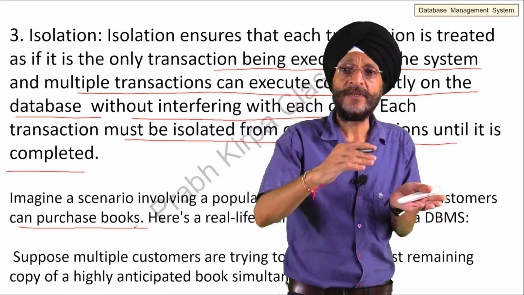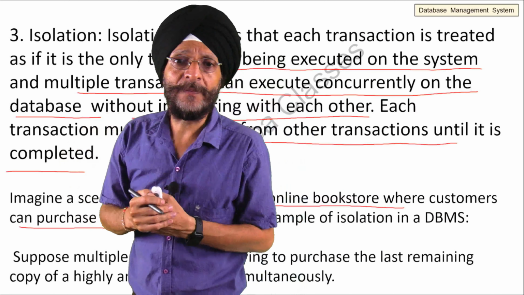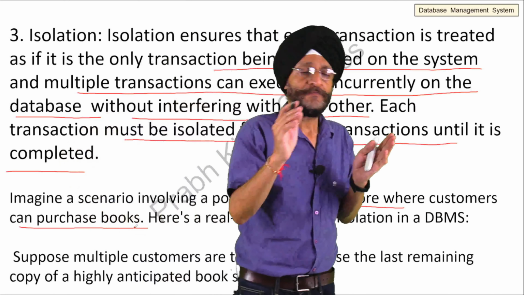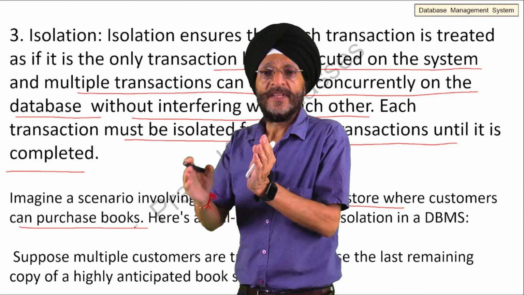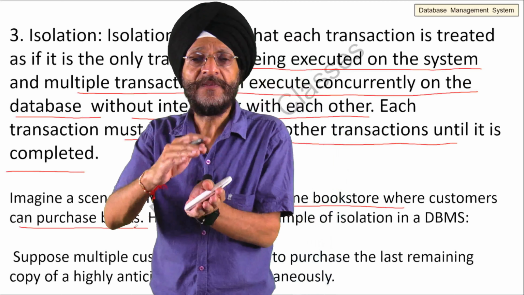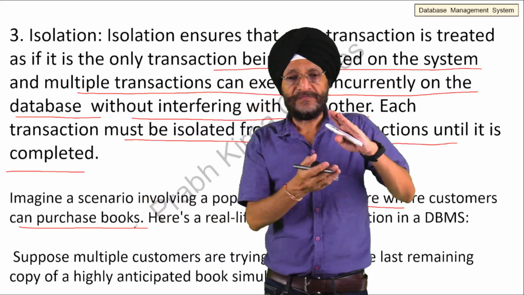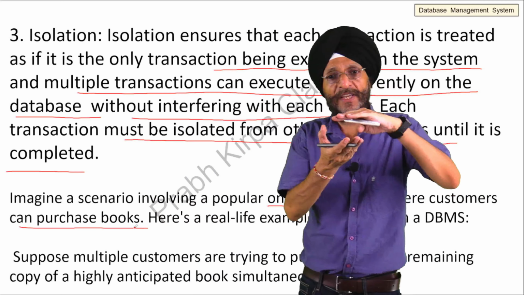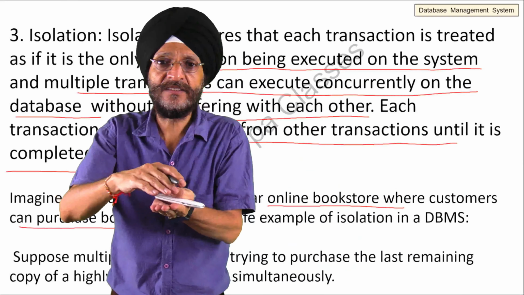At the same time, B was also trying to purchase the book, but the DBMS places a lock on the transaction which is being done by A. That is, when the transaction of A completes, only then the transaction of B starts.